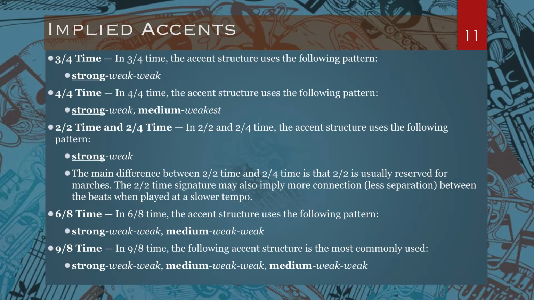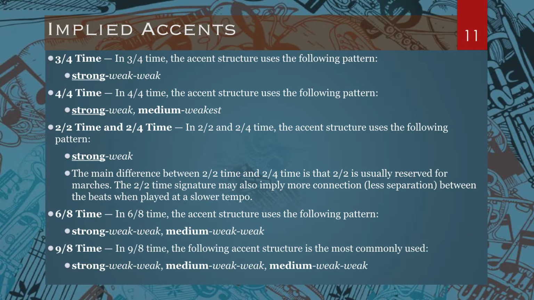So in 4/4 time, you have a strong, weak, medium, weakest structure. This is a little bit harder to demonstrate, but listen as I tap out a 4/4 time signature. Strong, weak, medium, weakest. 1, 2, 3, 4. 1, 2, 3, 4.